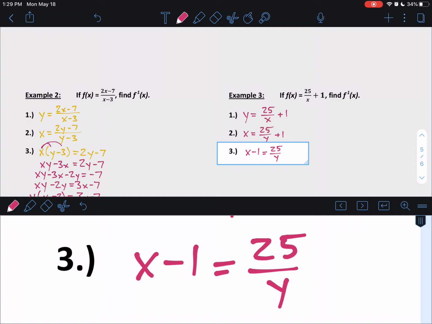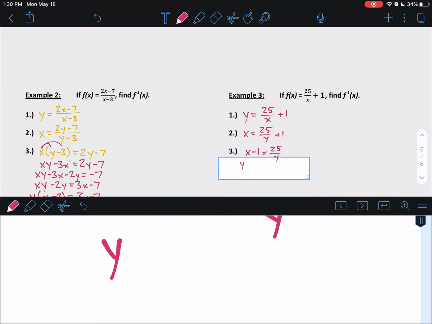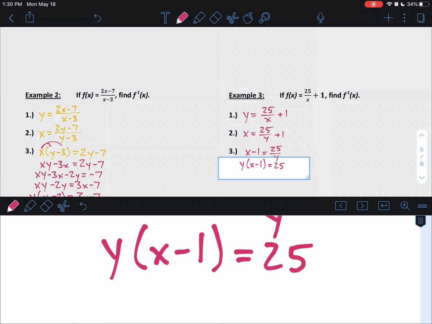There's no point in bringing that x over. I already did something with the 1, and I can't get rid of that 25 because it's in the numerator. So what I have to do is multiply both sides by y. So when I do that, I have y times x minus 1 equals 25.